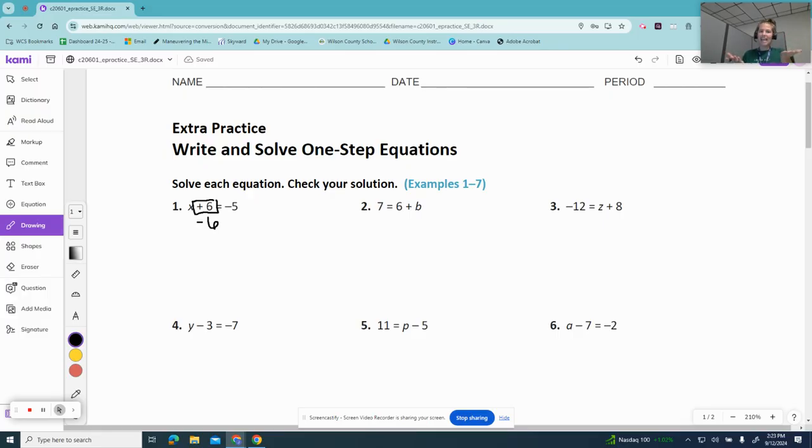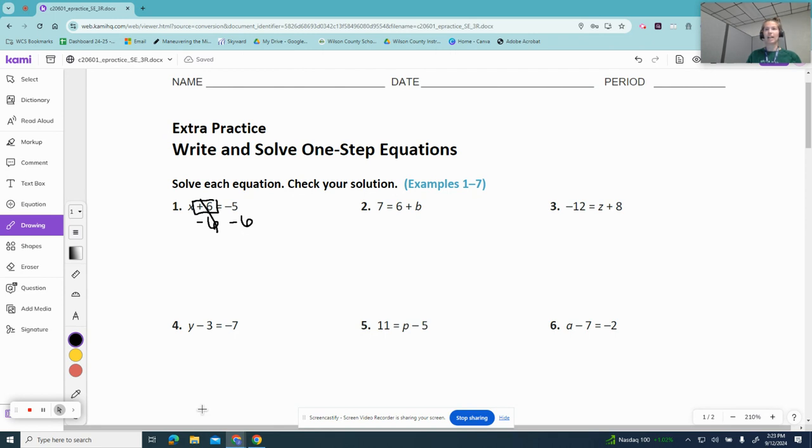So if I take away 6 from one side of my balance, I need to also take away 6 from the other side, which means I need to subtract 6 from -5. That is going to leave me with x on this side because positive 6 minus 6 equals 0. Okay, which is why we're subtracting 6 from here.